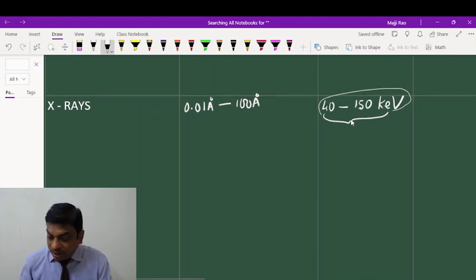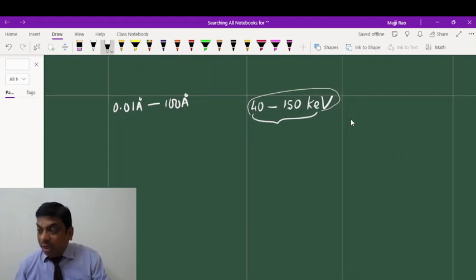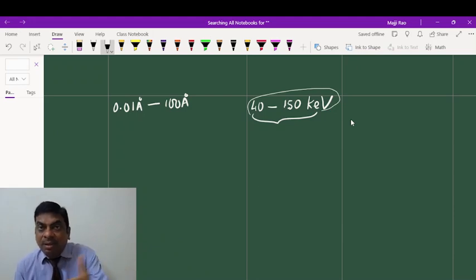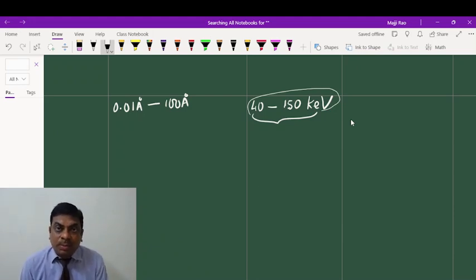Now how they are produced, I'll come up with a separate video for X-rays very soon. For now, briefly we'll understand how they are produced. When fast-moving electrons are made incident on a heavy target like molybdenum or tungsten, these abruptly decelerated electrons result in X-rays.